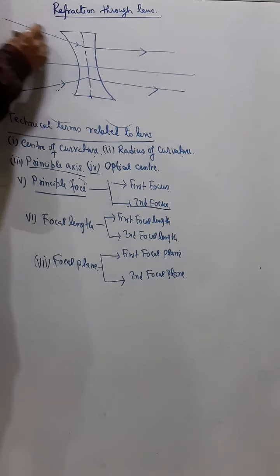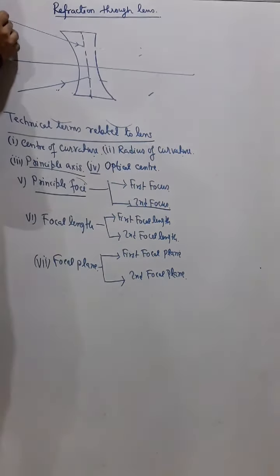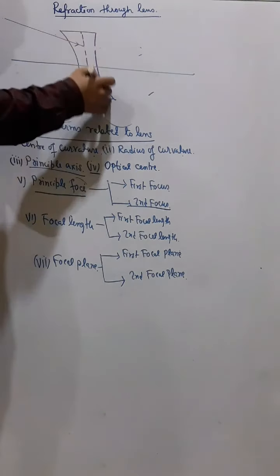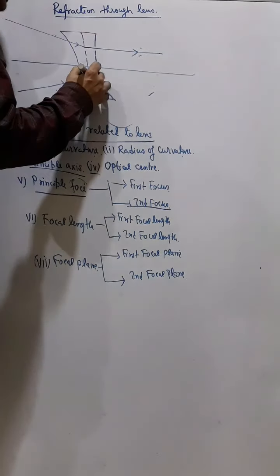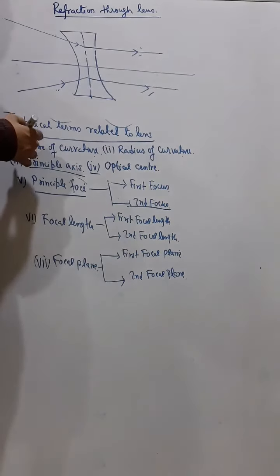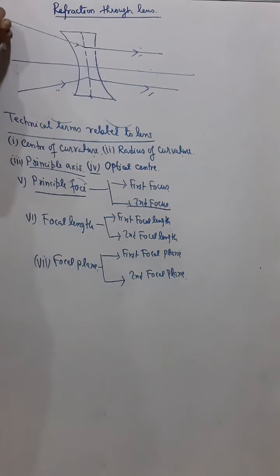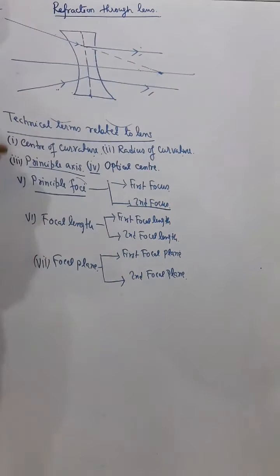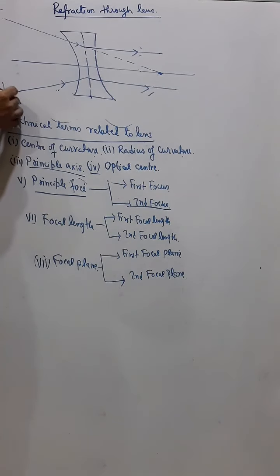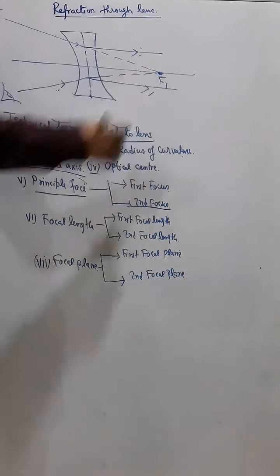Imagine the ray of light, again I am explaining: the ray of light should be incident on the concave lens in such a way that after refraction they become parallel, and they appear to be meeting at a point, because if anybody looks from here, according to this observer, this ray of light will appear to be meeting at this point. So that is called the first focus.